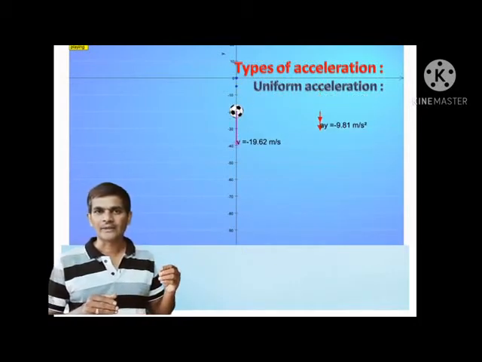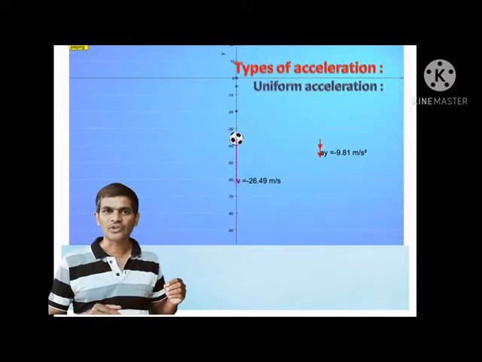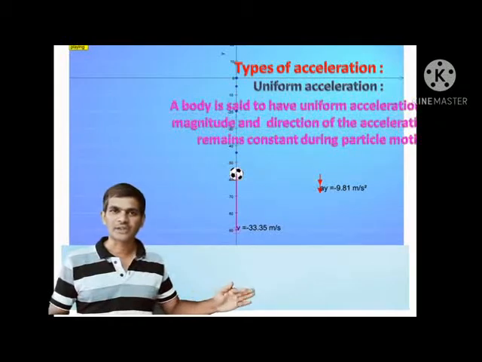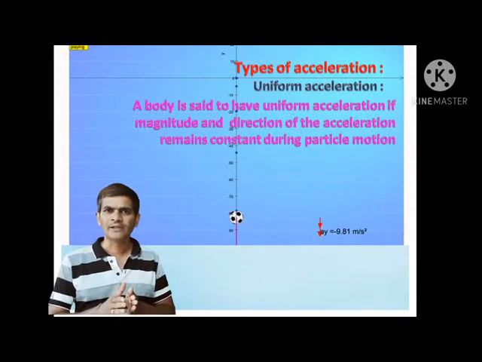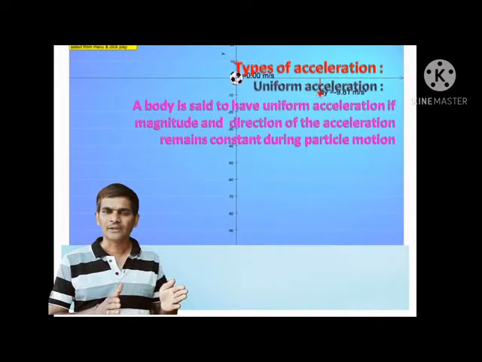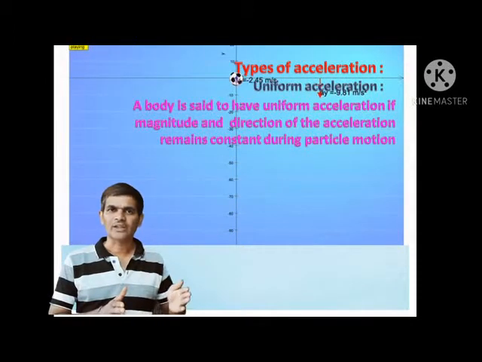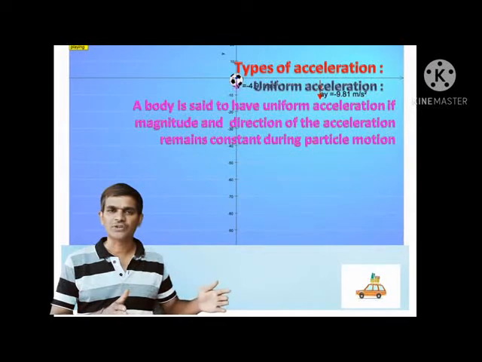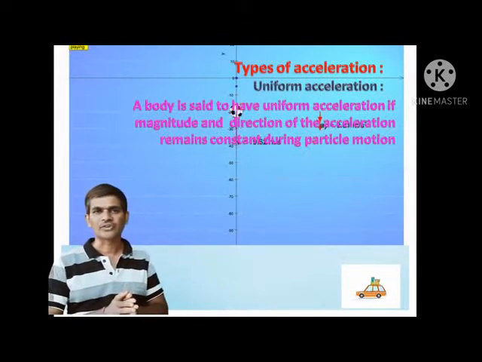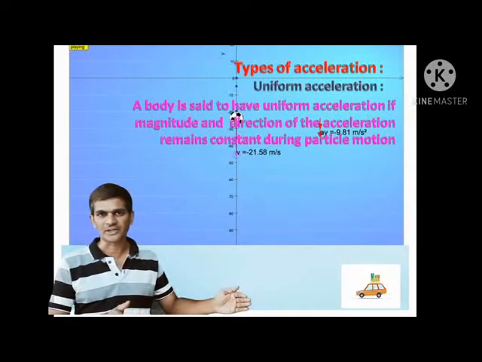A body is said to be uniformly accelerated. Okay? Uniform acceleration is, if the rate of change of velocity, both its magnitude as well as direction, remains constant, then the body is said to be uniformly accelerating.